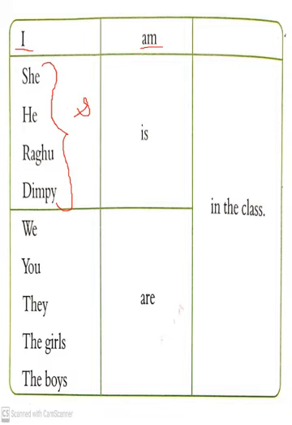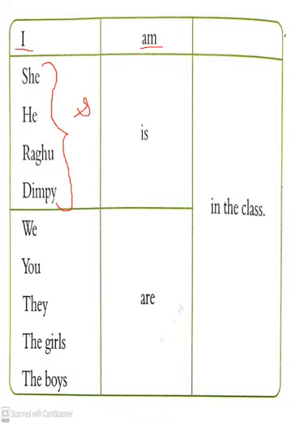So with Dimpy we are going to use is. So how we will say? We will say Dimpy is in the class. So all the pronouns or the names or any special name which are one in number, we are going to use is with those words.